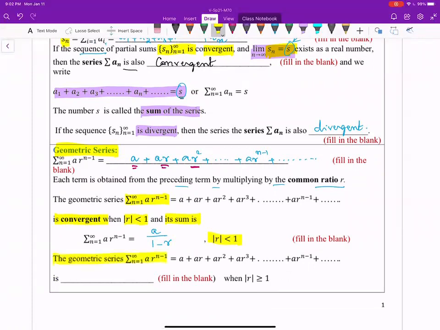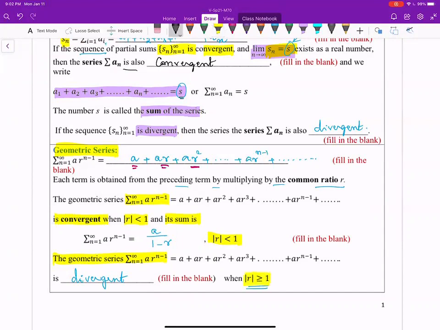In expanded form, it is a plus ar squared, etc. The series is divergent whenever the absolute value of the common ratio is more than or equal to 1.